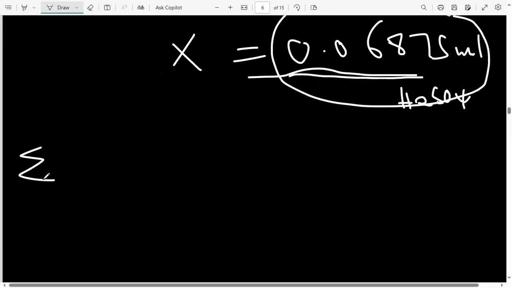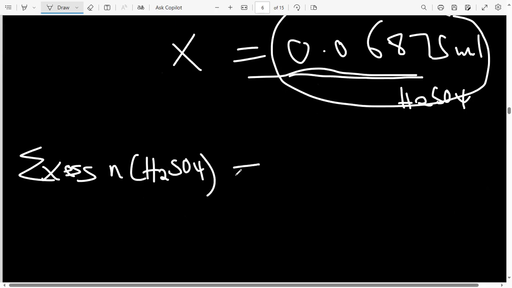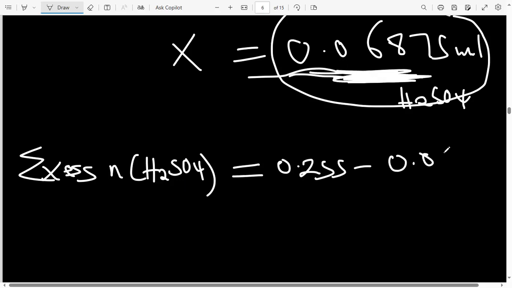So we are going to say excess moles of, not hydrochloric acid but sulfuric acid, is equal to the initial moles of sulfuric acid that we had, which were 0.255, minus the moles of sulfuric acid that reacted, which is this number here, 0.06875.